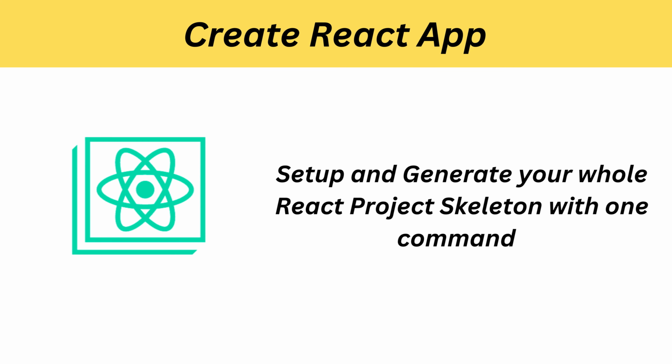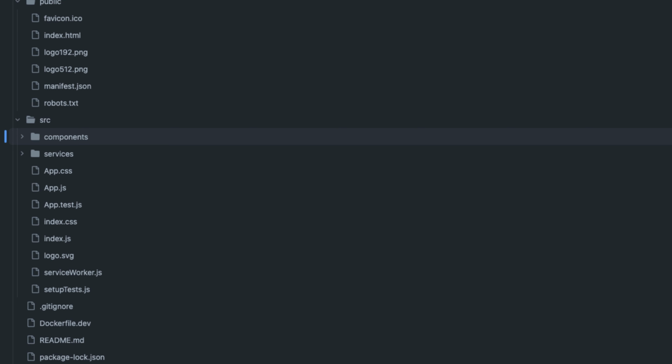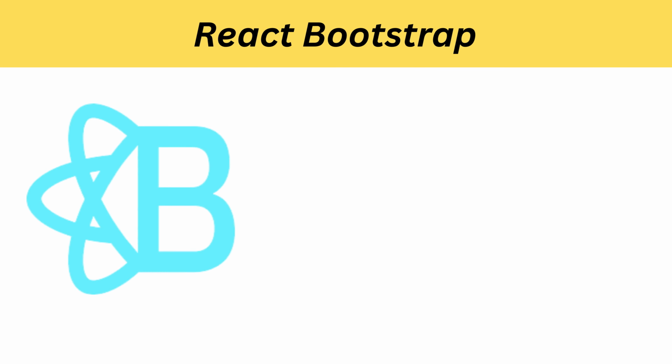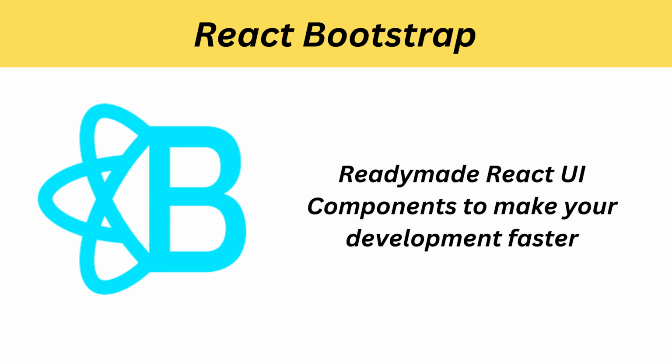When it comes to building the UI, you can generate the whole skeleton of the React project with Create React App. Create React App is very useful, and we will be using it all the time. We use it to generate the code, and also to build the code. This is the structure that it generates. One more useful tool is React Bootstrap.